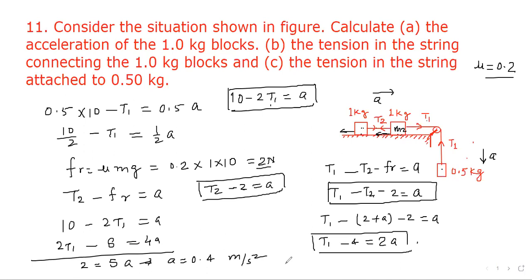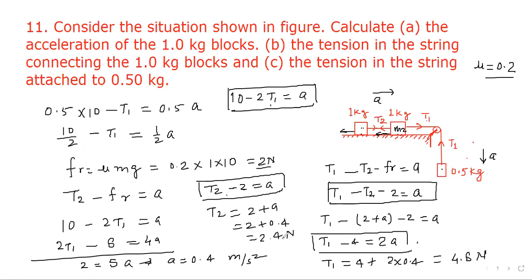When A equal to 0.4, T1 will be 4 plus 2 into 0.4, so this will become 4.8 Newton. And T2 will be equal to 2 plus A, that is 2 plus 0.4, that is 2.4 Newton. And that's our answer.